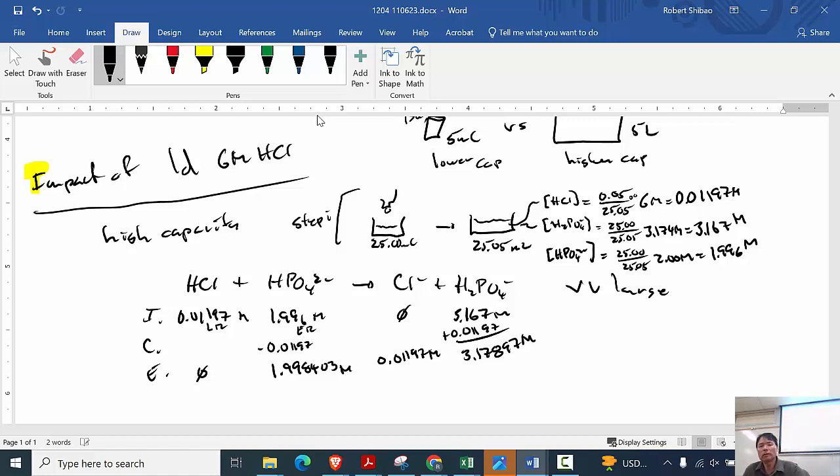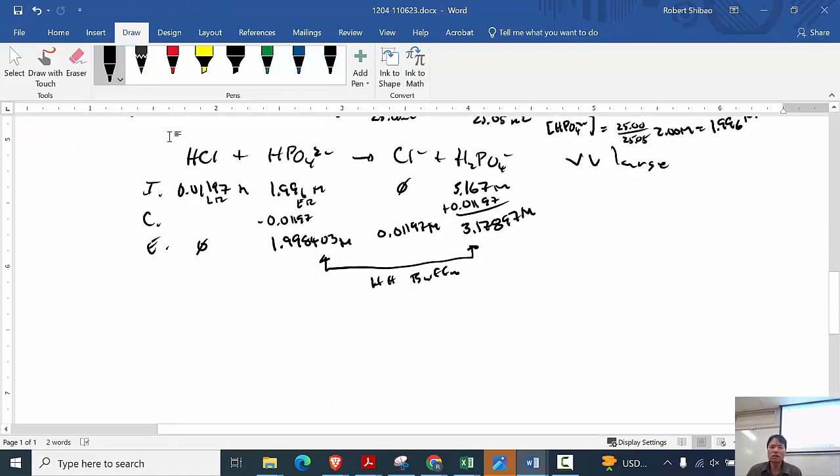Now, chloride's neutral, so we don't really worry about it. What do we have left over? We have an HH buffer left over. In fact, we have the same HH buffer. And it changed the ratio a little bit.